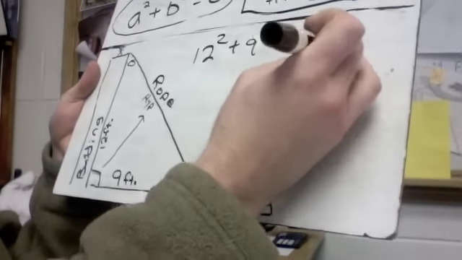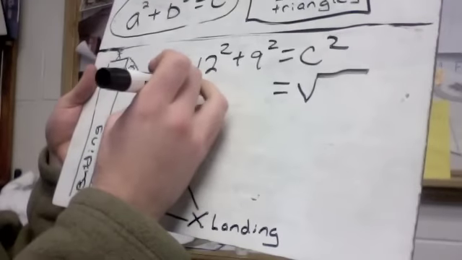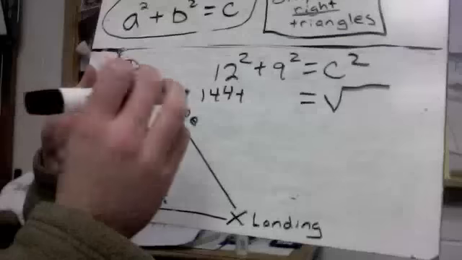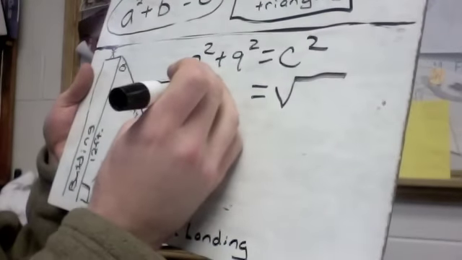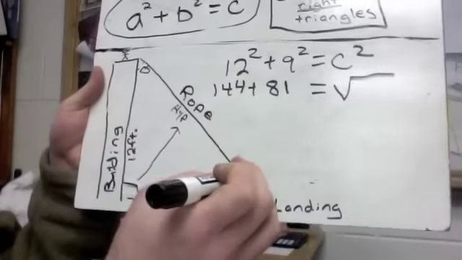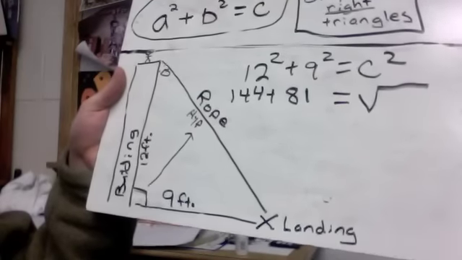So eventually we're going to be doing the square root. 12 to the second power is 144. 9 to the second power is 81. Add those together, 144 plus 81, 225.